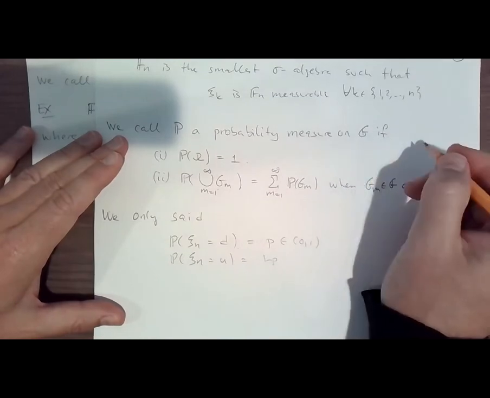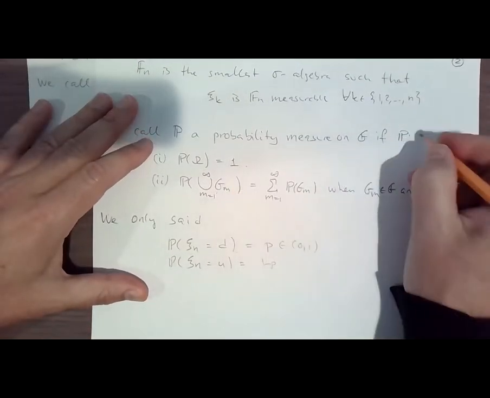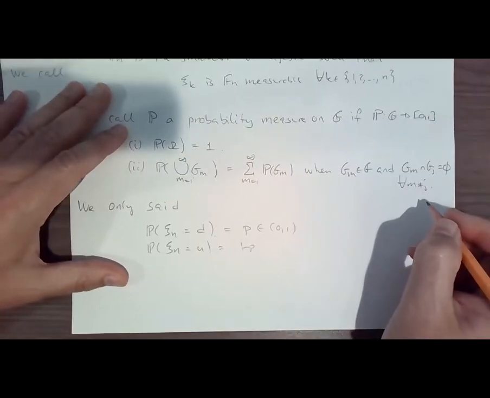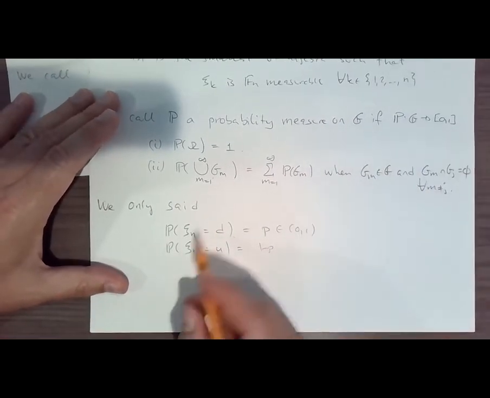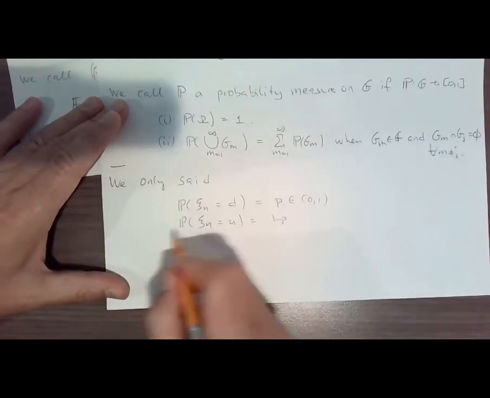So p here has domain G and takes values between 0 and 1, like the domain of a probability measure is a sigma algebra. That's all we said, right?